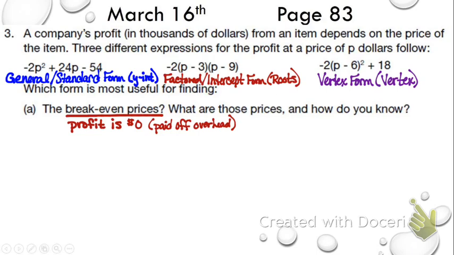The price. If it's in the expression for price, is that normally the X spot or the Y spot? X spot. So price is my X variable. So what's my Y variable then? That's my profit.